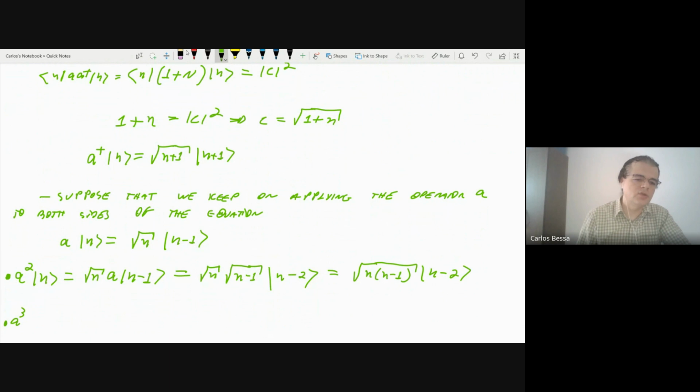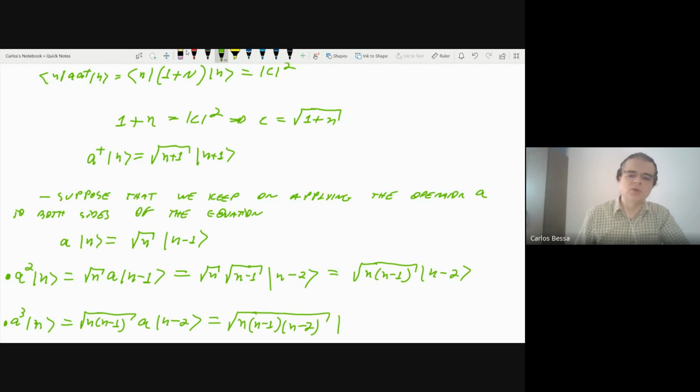And I keep going doing this. I can do a cubed applied to n. This would be a applied to this guy here. So I would have n minus 1 on the right side, a applied to n minus 2. And again, using this rule here, my ket instead of n is n minus 2. So the eigenvalue will be n minus 1, that is this guy here, times the eigenvalue that comes from here, that is n minus 2.